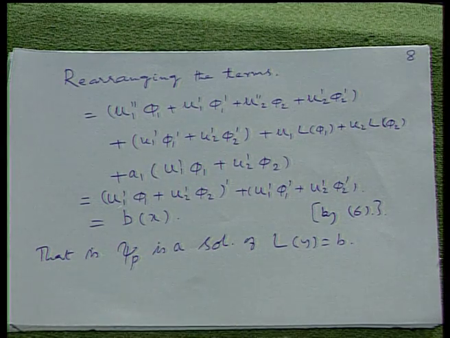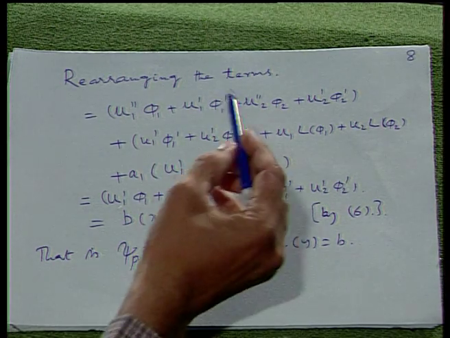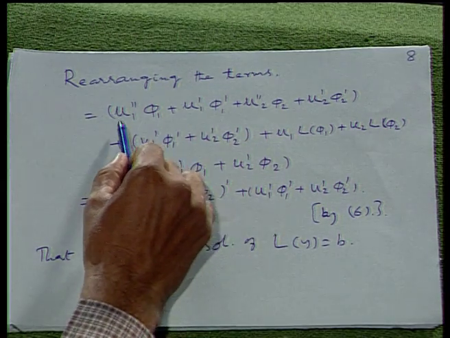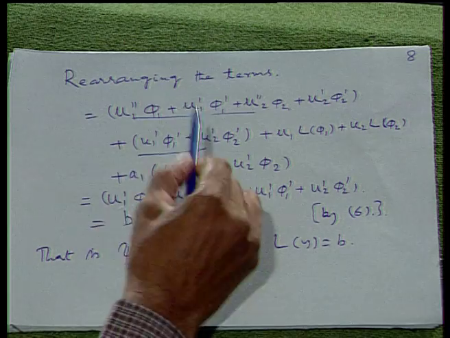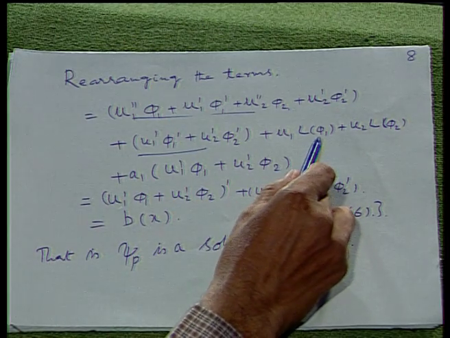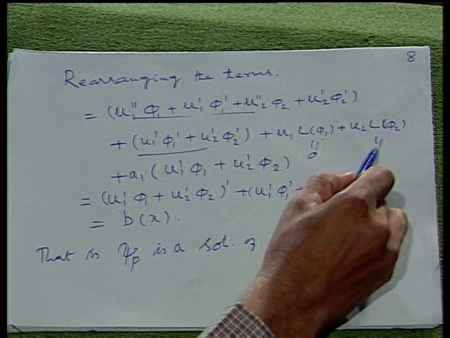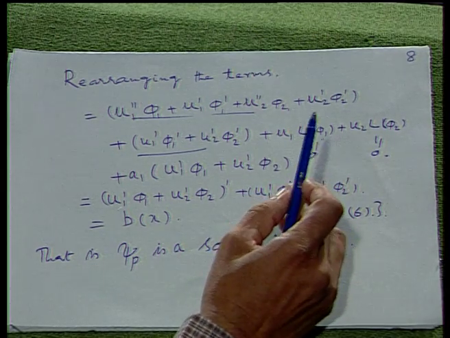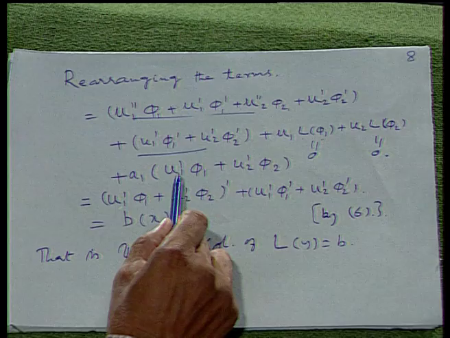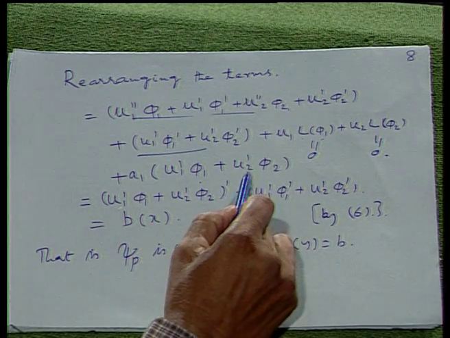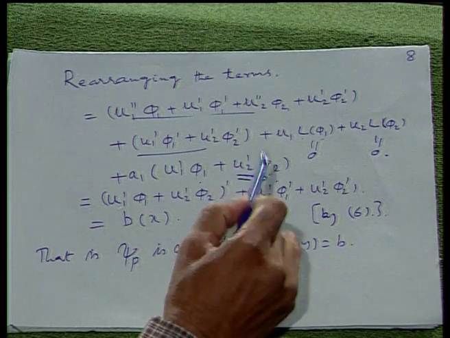Now, I am intentionally writing this expression as sum of these two expressions, and you know phi 1 is a solution, hence L of phi 1 is 0, L of phi 2 is also 0, and from the system of equations u 1 dash phi 1 plus u 2 dash phi 2, this is also 0.